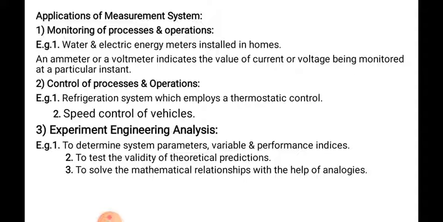So these are the different applications of the measuring instrument: monitoring of a process and operation, control of a process and operation, and experimental engineering analysis. If the question asks what the applications of a measuring system are, we have to write down these, to determine the various parameters.